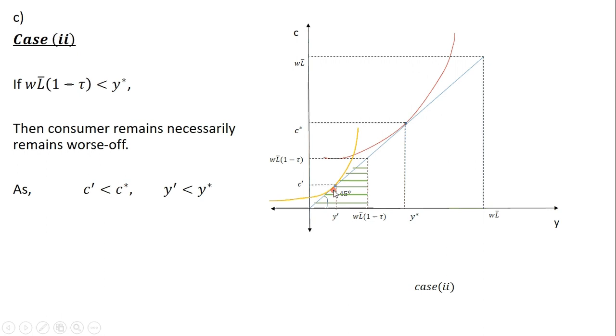Because you can see this choice C dash and Y dash is strictly less than C star and Y star, Y dash is strictly less than Y star. So you will have less utility compared to the previous utility. So the consumer necessarily remains worse off, and I think that's all.